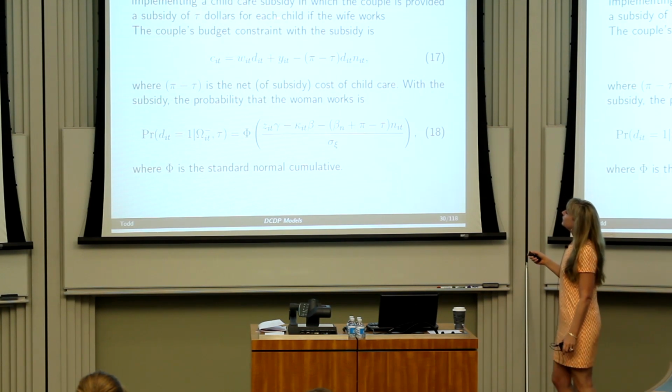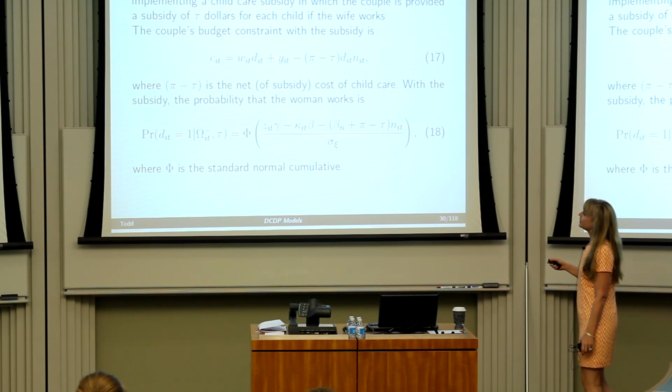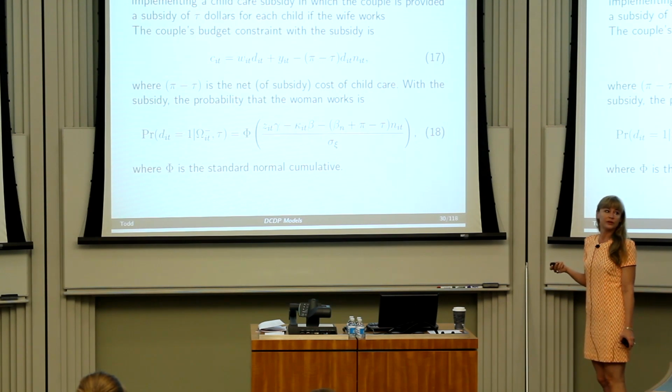Suppose you want to implement a child care subsidy where the couple gets a subsidy tau if the wife works. Okay, so this is how her budget constraint would change with the subsidy. Now, instead of paying pi, she gets to pay pi minus tau for her child care. You can make it free even if you wanted to.